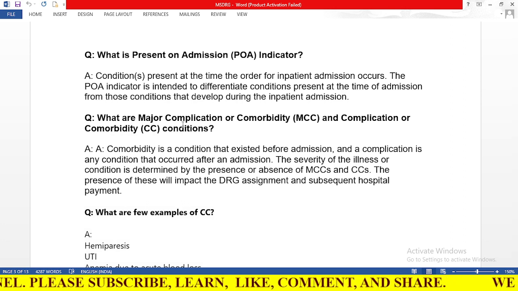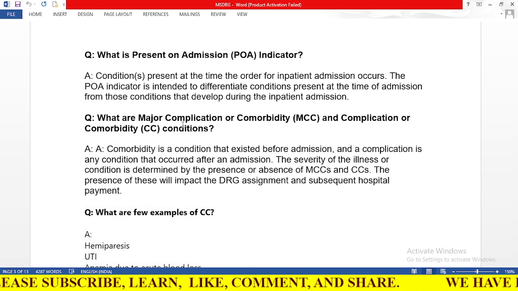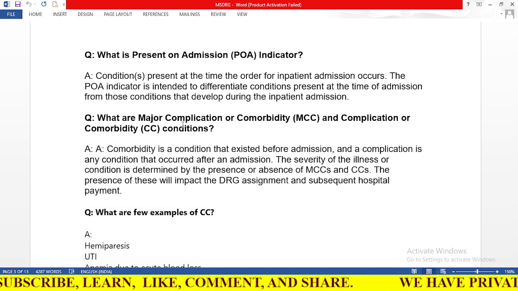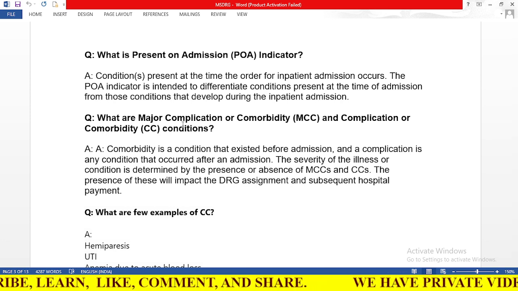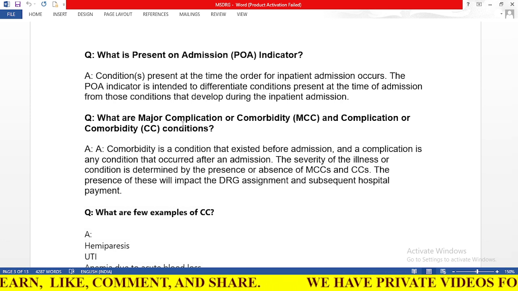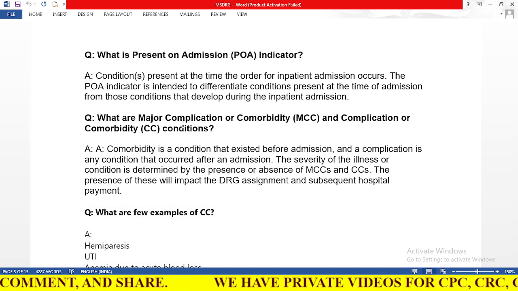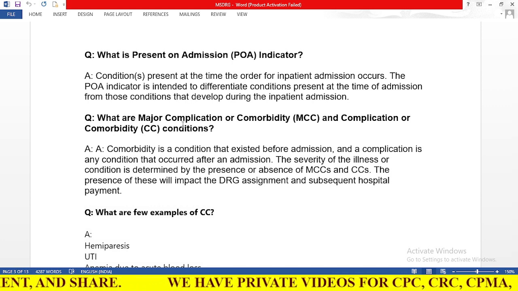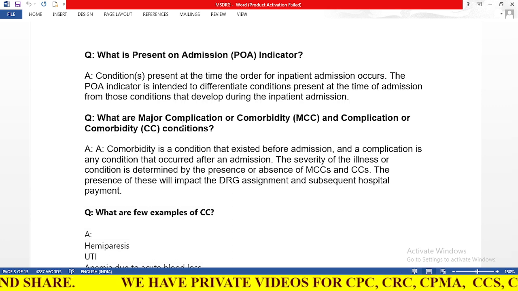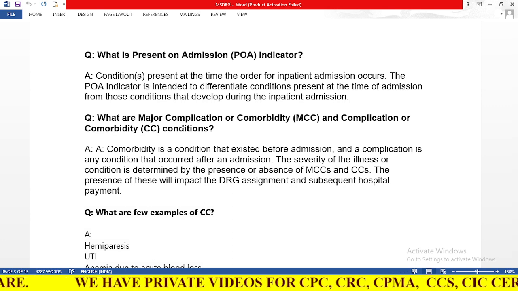Status N means the diagnosis was not present at the time of admission. Status U means documentation is insufficient to determine if the condition was POA or not. Status W is clinically undetermined by the provider.